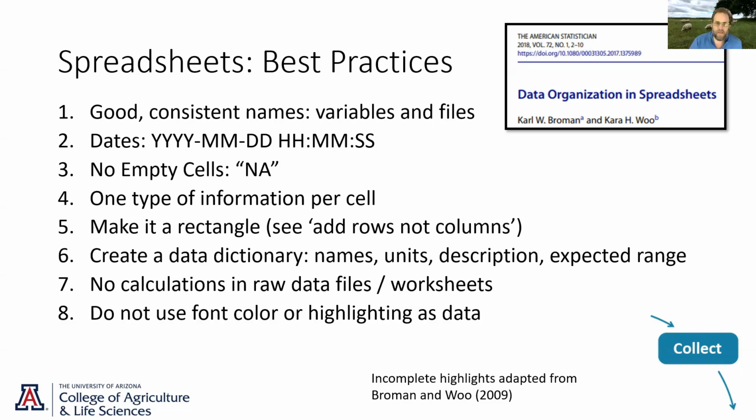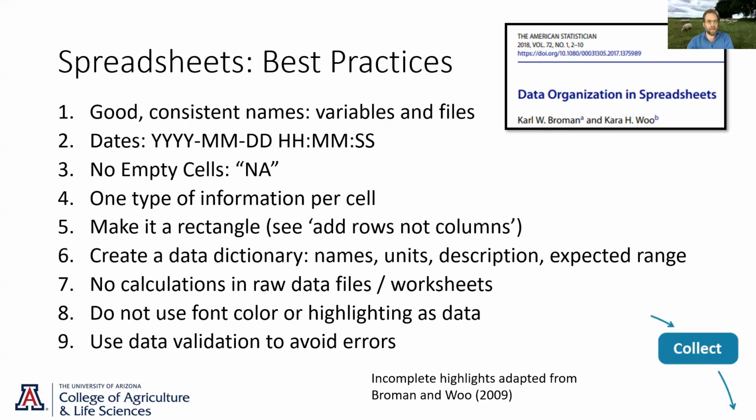Also, anything you can't export as a piece of text or a number shouldn't be your data. Highlighting is useful when exploring the data. Excel has some great tools for highlighting according to number, for exploratory data analysis. But identifying some important piece of information by color is asking for information to be lost.